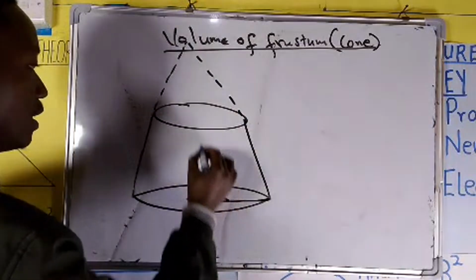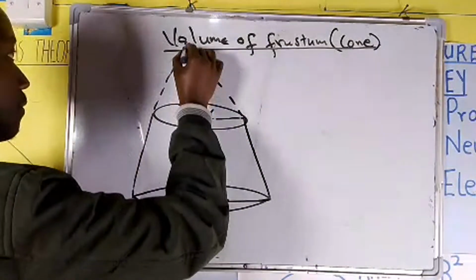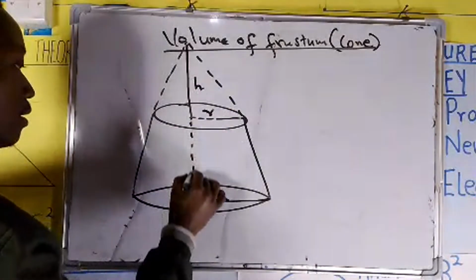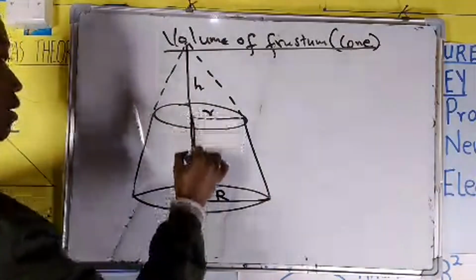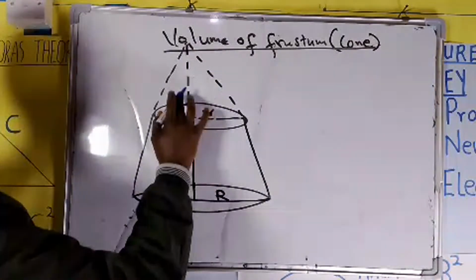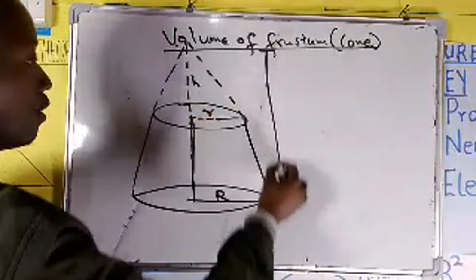So we have the radius, we have a smaller radius, we have a smaller height, and we have now the bigger height, ni hii kubwa yote.